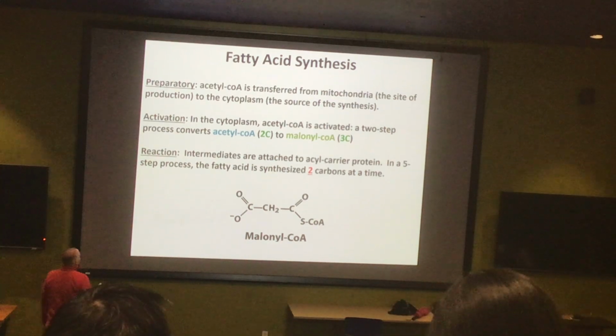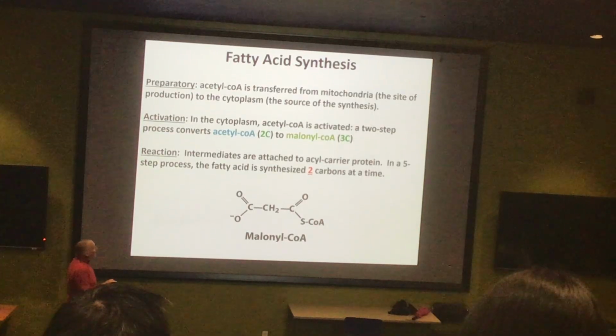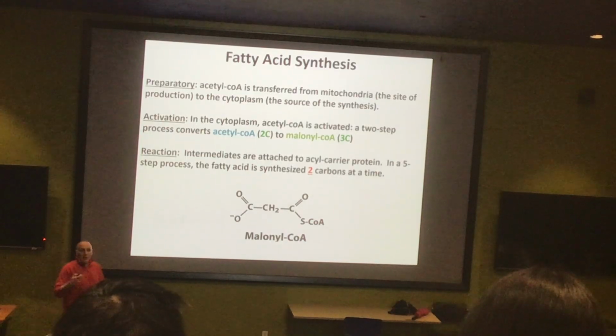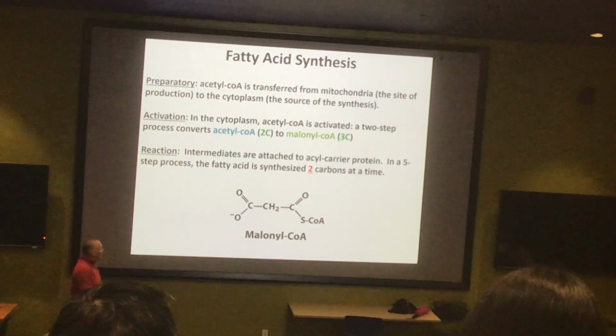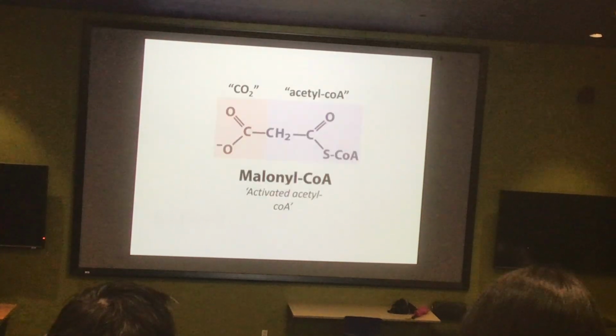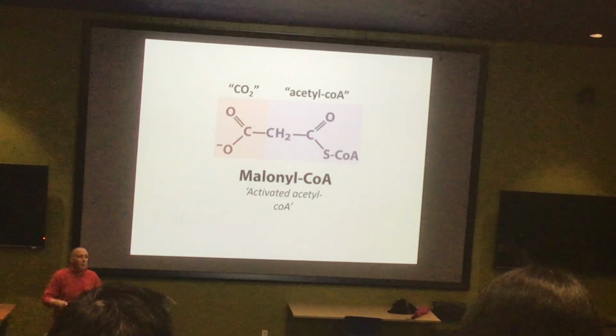And then we'll have the actual reaction where we will build the molecule 2 carbons at a time. So we're going to start with 3 carbon molecules and 1 2-carbon molecule, progressively add 2 carbons each time, but use this activated 3-carbon molecule as the reactant, so that's the malonyl-CoA. Again, you can think about this molecule really as consisting of 2 parts.